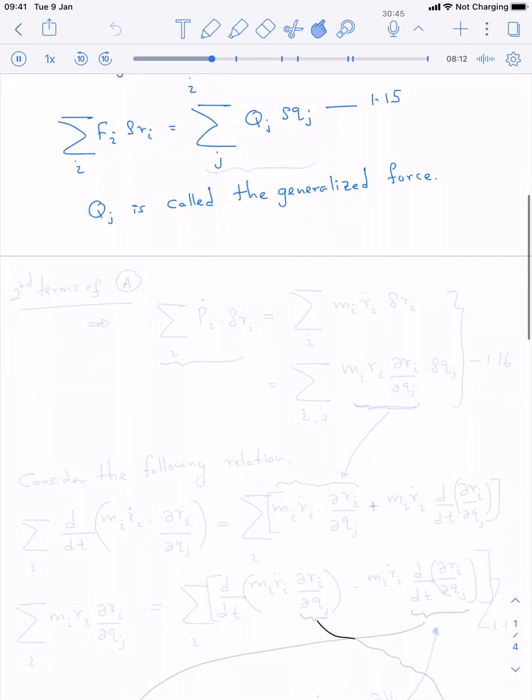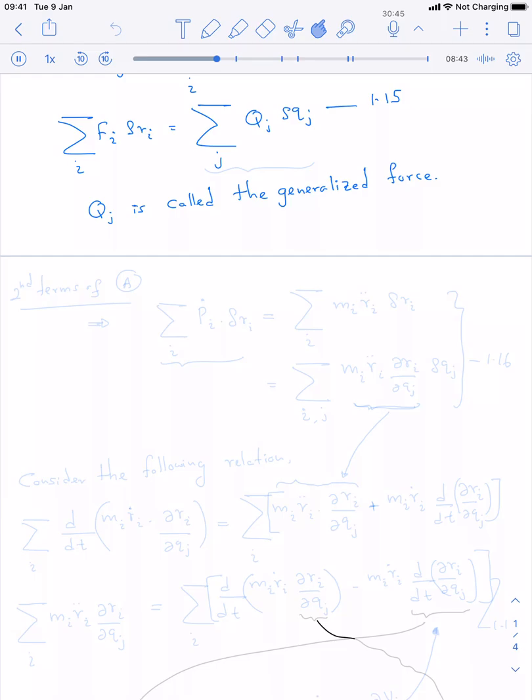And just to let you know that the Qj's don't need to have the units or the dimensions of forces, but when you combine Qj with delta Qj, Qj times delta Qj should have the dimensions of work, right?